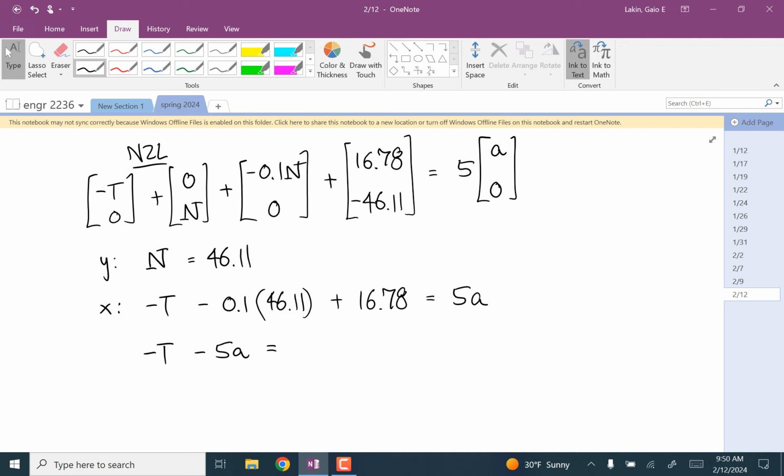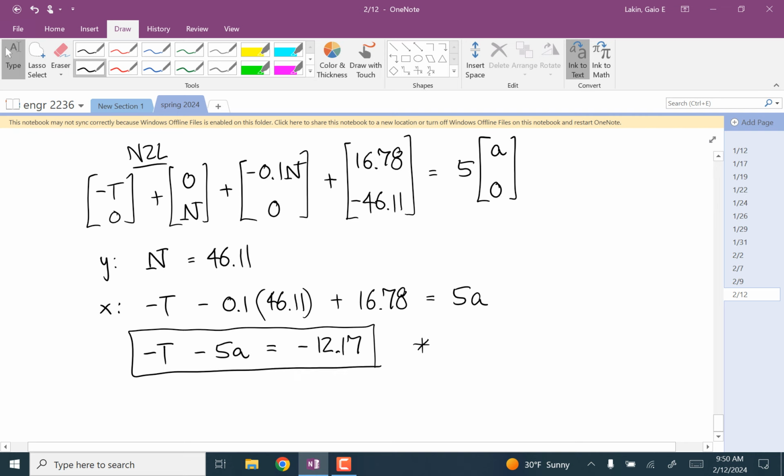Okay, so this stuff is equal to negative 12.17. And that's our first equation that we'll save. Anybody have any questions about that one? That first body?